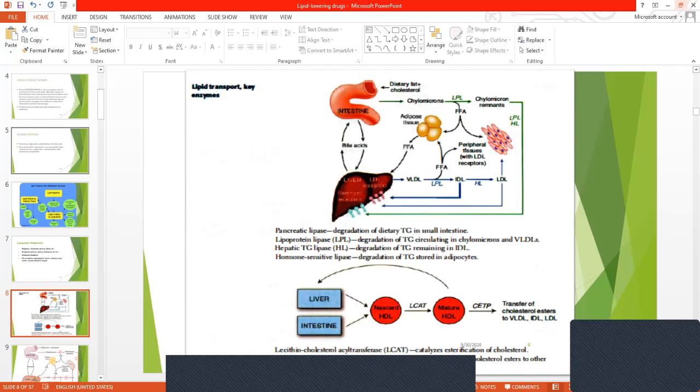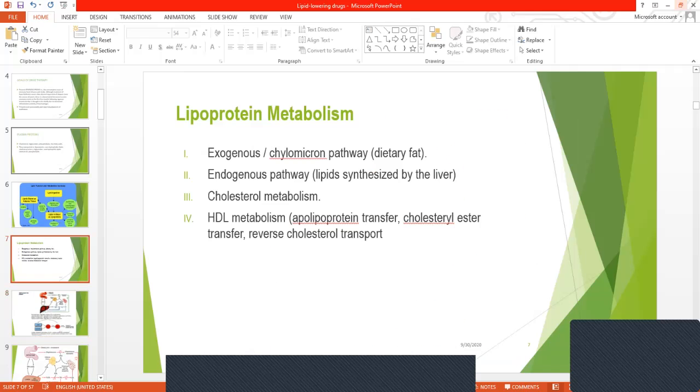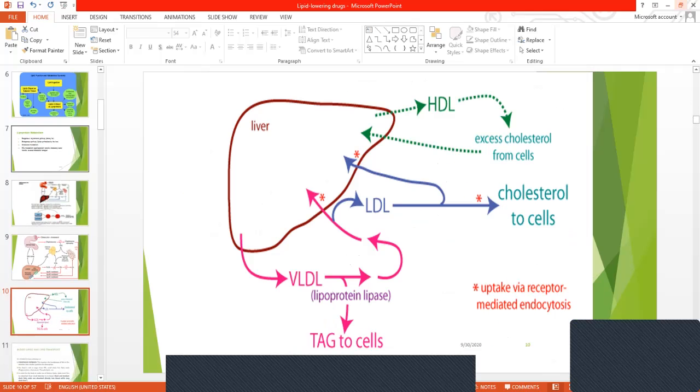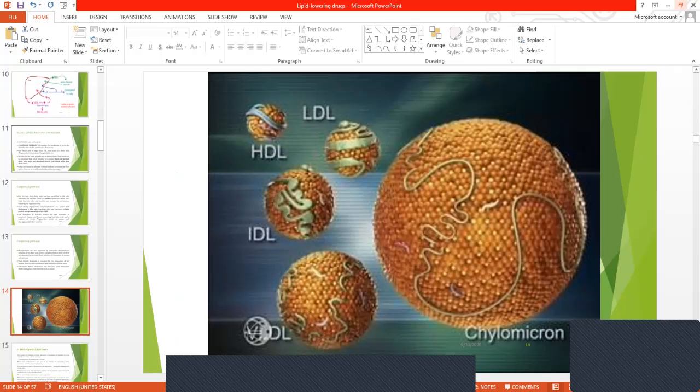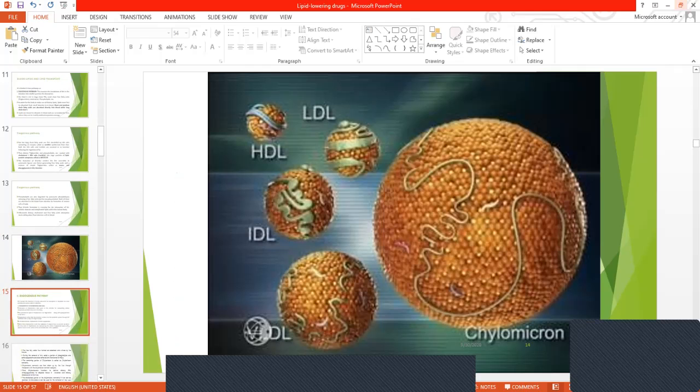We also discussed lipoprotein metabolism, which is of four types: exogenous, endogenous, cholesterol metabolism, and HDL metabolism. So these are all the pathways. These are the five main types of lipoproteins, that is chylomicron, HDL, LDL, IDL, and VLDL.